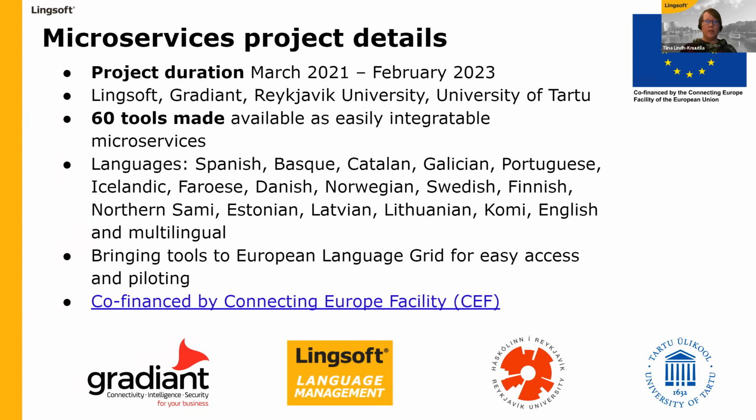And in addition, if you need, you can download Docker images either directly from Docker Hub or from the ELG to use in your own environment. If you, for example, want to try with confidential data or something that you don't want to put in a cloud service, you can set it up quite easily on your own servers.